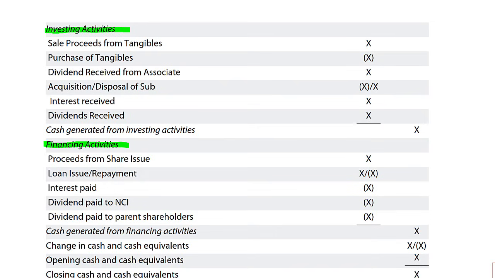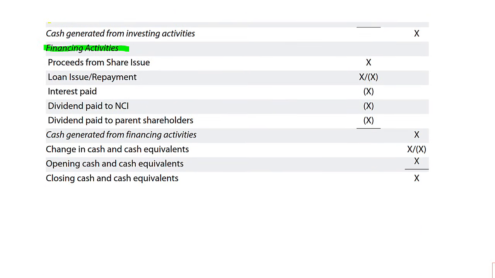Investing activities include dividends received, but also interest received. So whether it's dividends or interest, they're investing activities. They're not operating activities. And then financing activities include both dividends and interest.